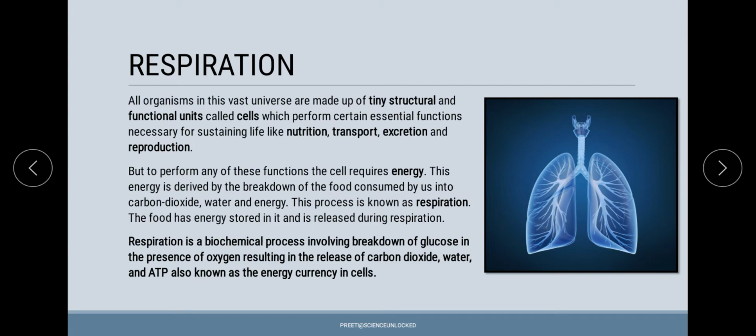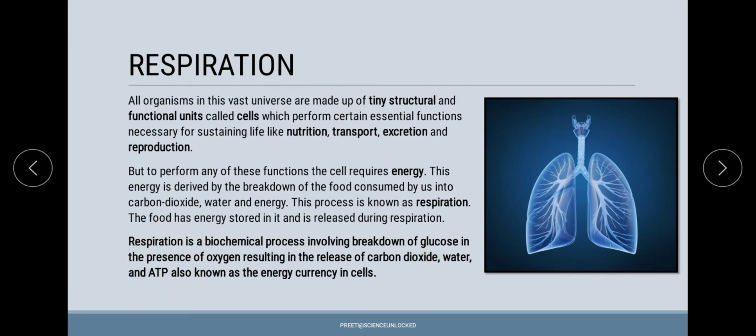Instead of calling it respiration, we can call it cellular respiration. We can define it as the biochemical process which involves the breakdown of glucose, the food we are eating, in the presence of oxygen, resulting in the release of carbon dioxide, water and ATP.